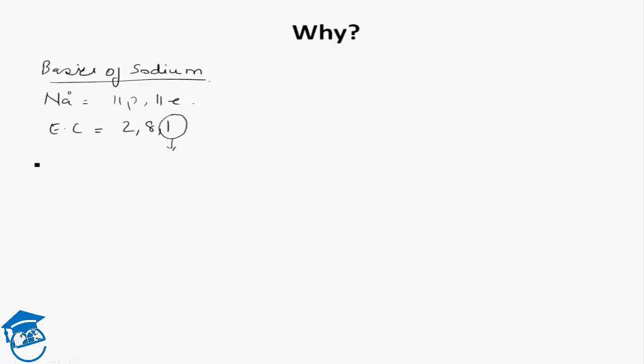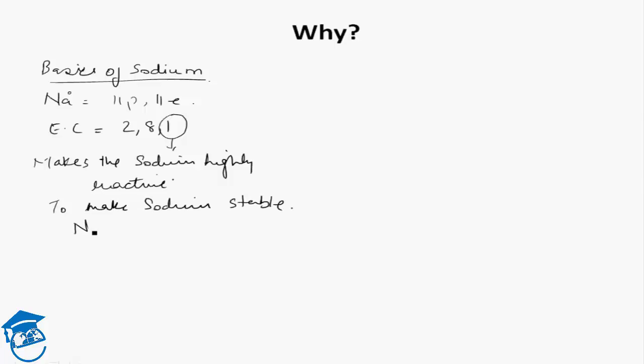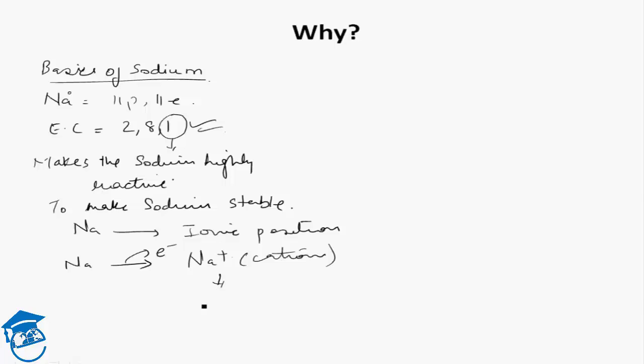This electron makes sodium highly reactive, and to become stable, sodium has to go into its ionic state. That is when sodium gives out one electron, it is converted into its positive ion, that is a cation, and this is basically a stable ion.